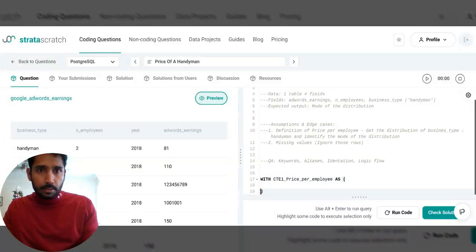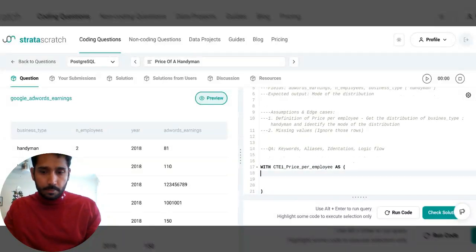So let's get to that. I'm going to get the business type and then get the ratio of AdWords earnings over n employees. That's the ratio.